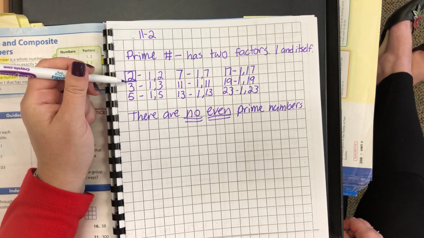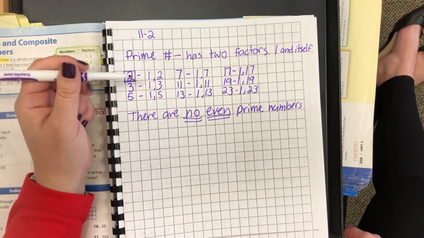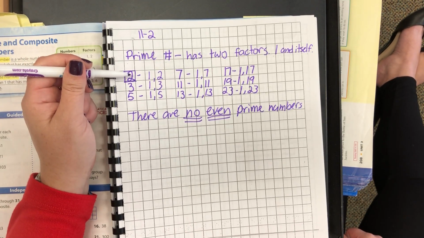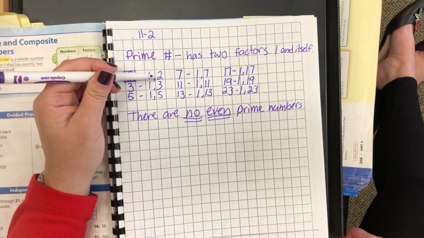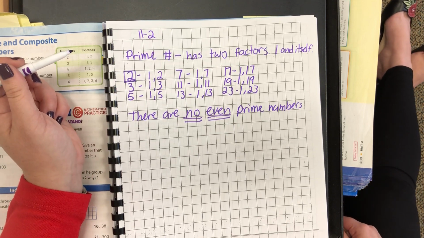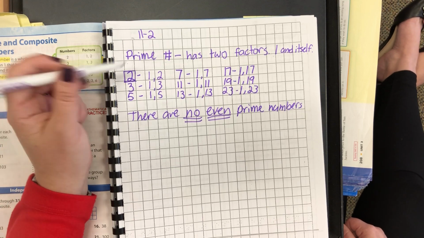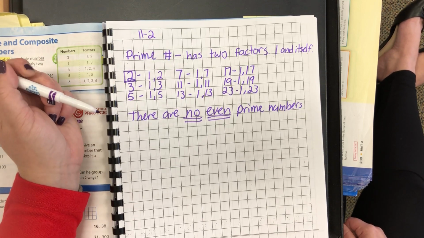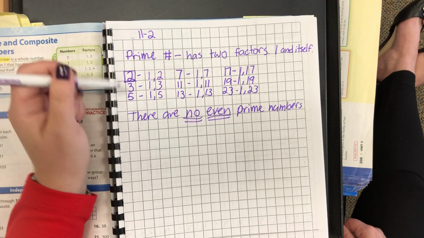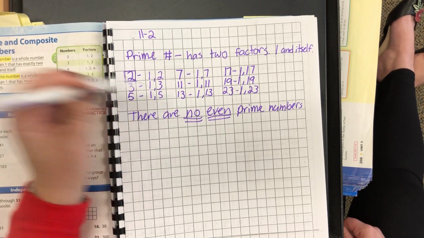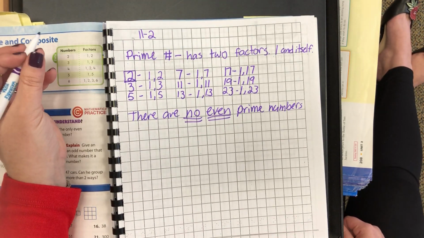Again, except for 2, because it's such a small number that it only can possibly have 2 factors. So even or not, it still meets the criteria for being a prime number. But other than 2, there are no prime numbers that are even.